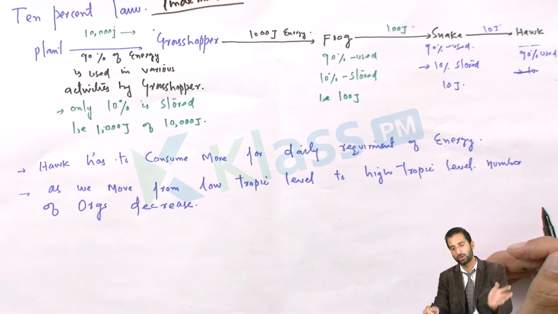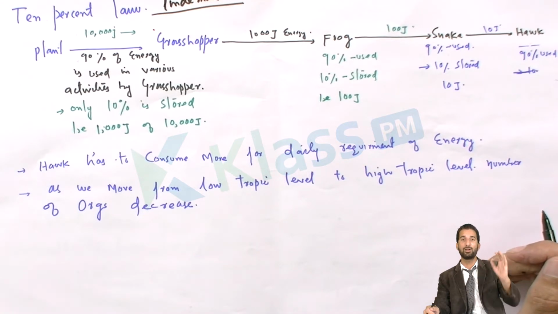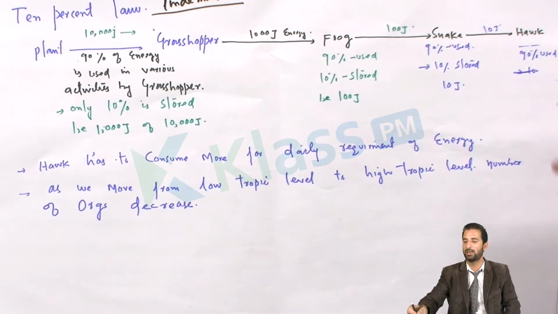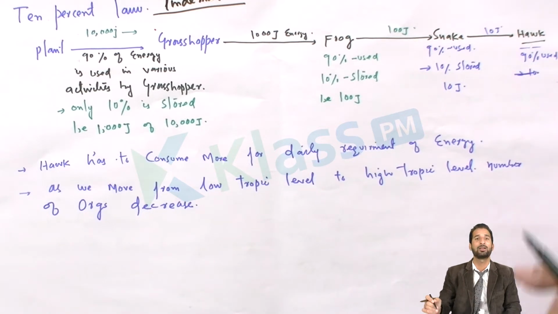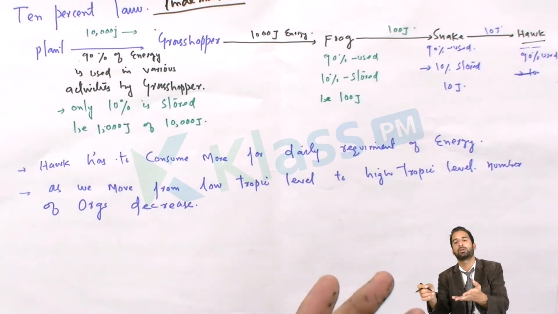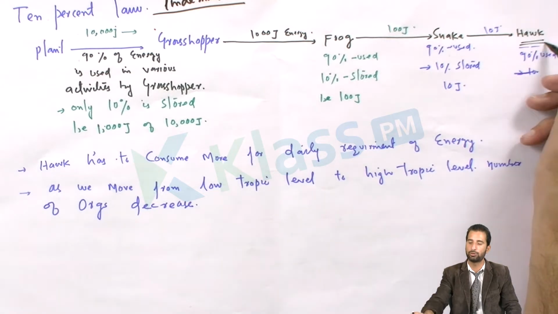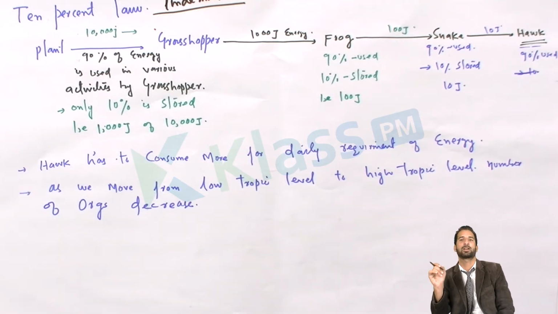And sequentially, the top consumer will get the least amount of energy, but it still survives. Even though it has the least amount of energy, you can see here the hawk has only 10% of the 10 joule energy available at the top, but still it survives.